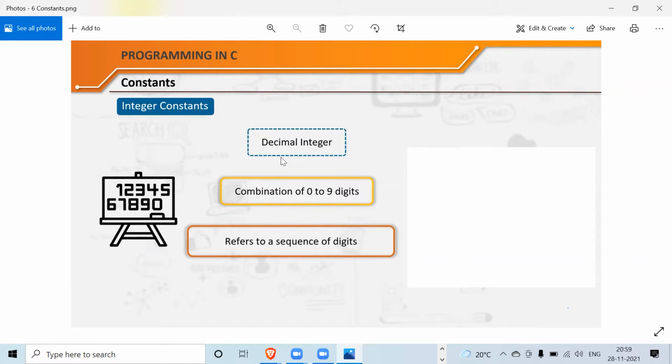Any number, if you take 1005, all the digits that it is made of fall between 0 to 9. So that system is called the decimal system, which we use every day.